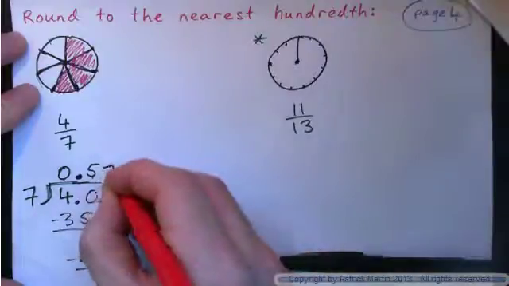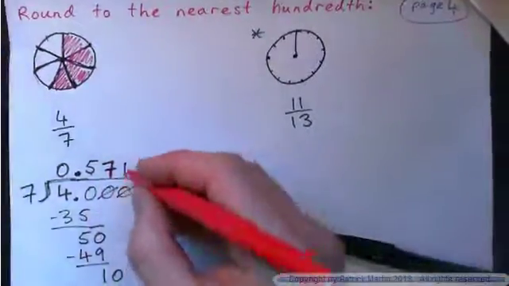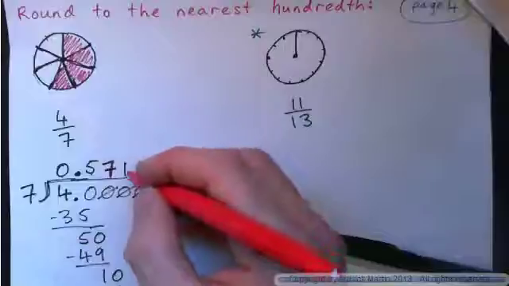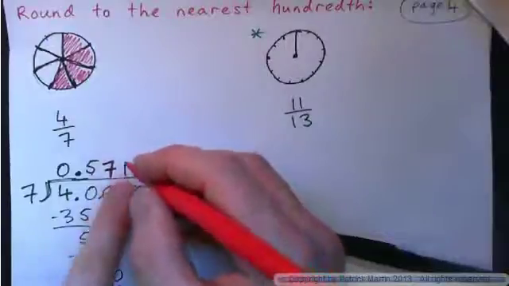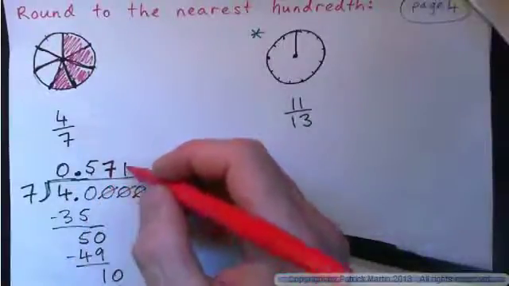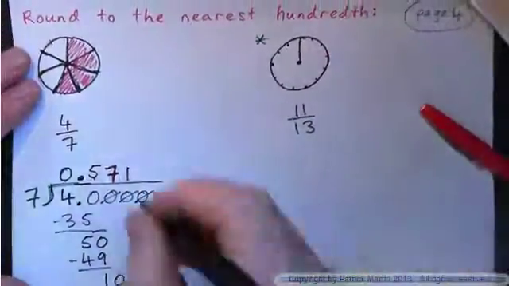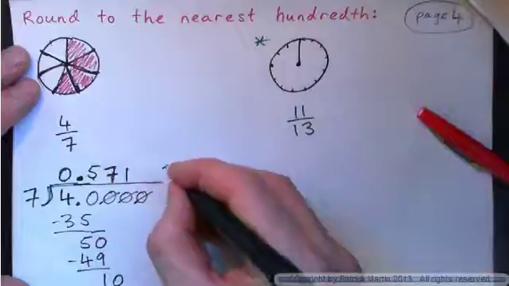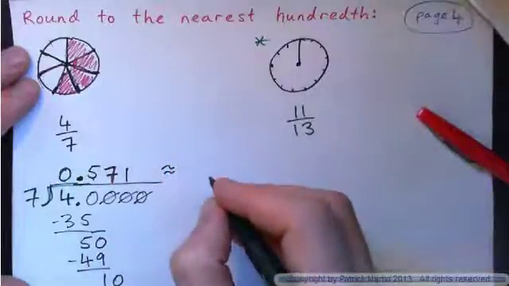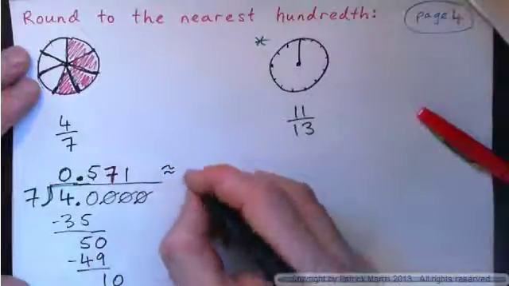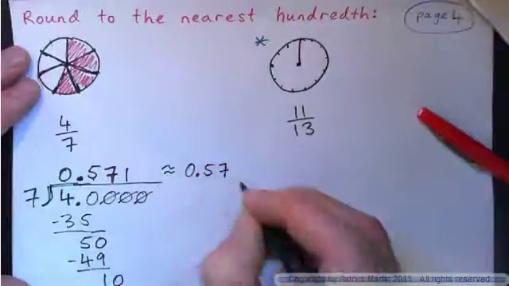So the 7 is the hundredths. So I actually do have to go as far as the thousandths, so I know whether I need to round up or round down, right? So I got a 1 in the thousandths, so do I round up or round down? I round down, right? And I get 0.57, okay?